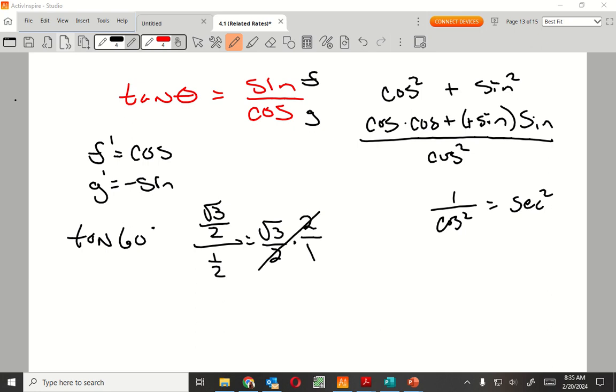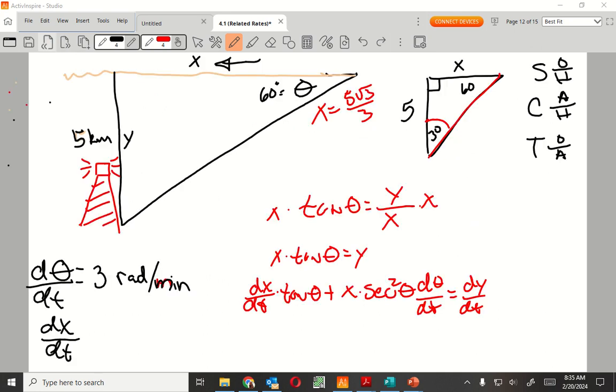So we just get root 3. As we plug this in, tan 60 is root 3 times dx dt. Dx dt is what I'm looking for. Plus my x, which we said is 5 root 3 over 3.